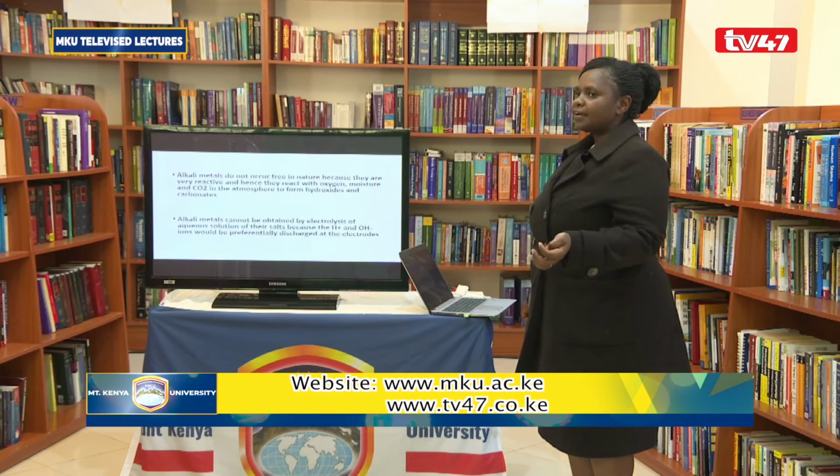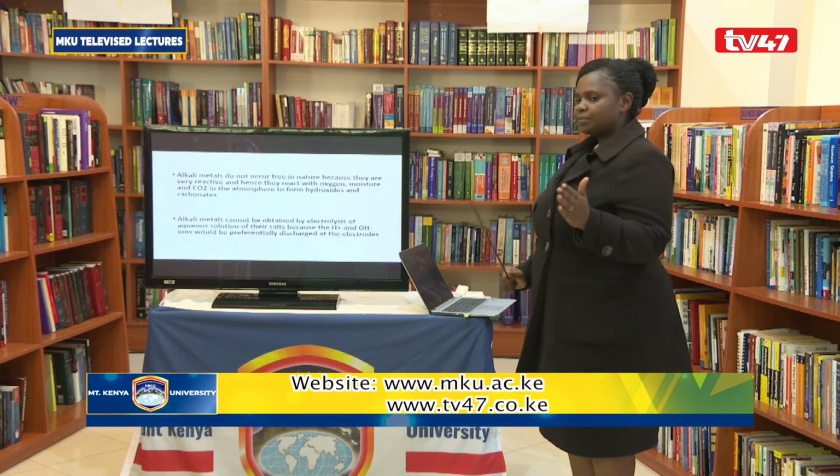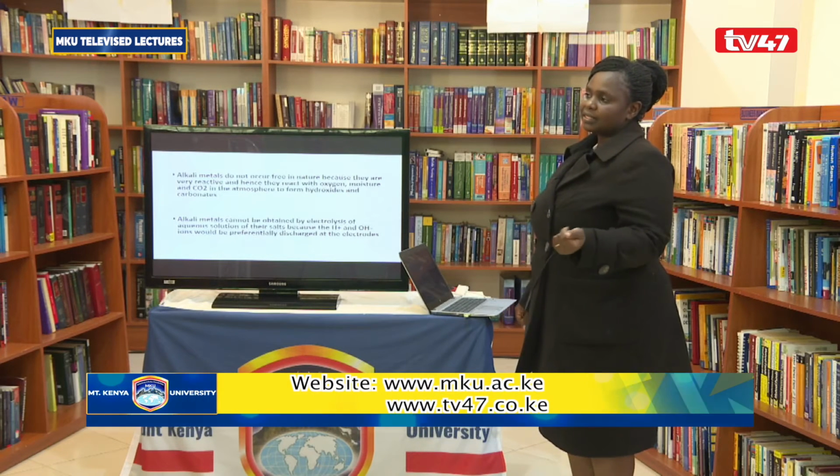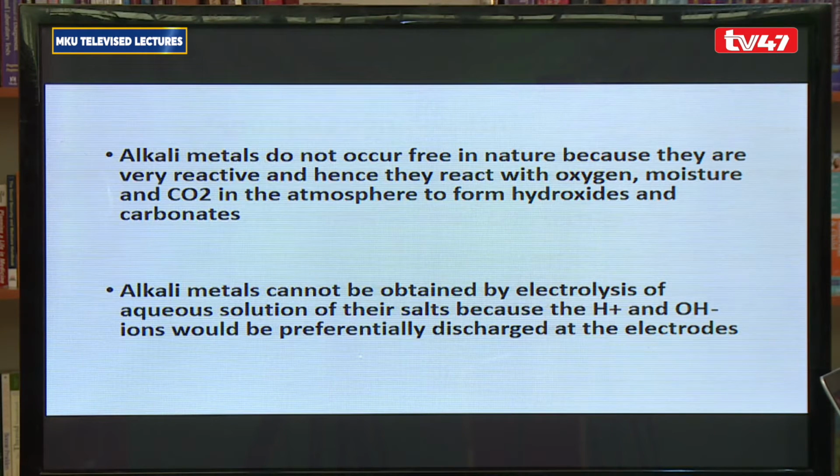If you have aqueous sodium chloride, whatever will be discharged at the anode is not the chloride but oxygen gas, and whatever will be deposited at the cathode is hydrogen. So we do not obtain these elements by electrolyzing their aqueous solutions, but normally we use their molten salts, because in molten salts we do not have interfering anions during the electrolysis.